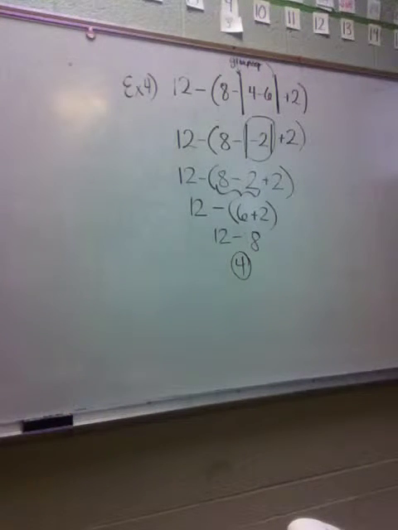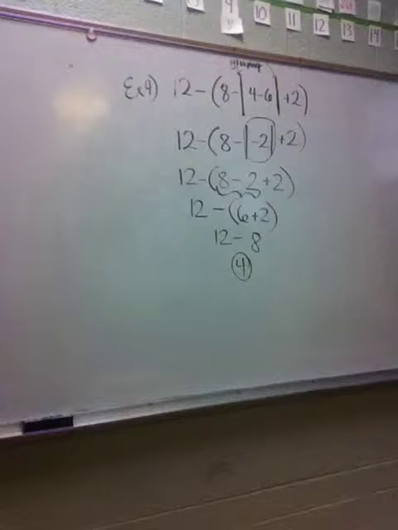Super duper important. All right, example 5. Now this is going to use the fraction bar. We've got 4 plus 5 times 6 minus 7, over 10 minus, in parentheses, 9 minus 8.